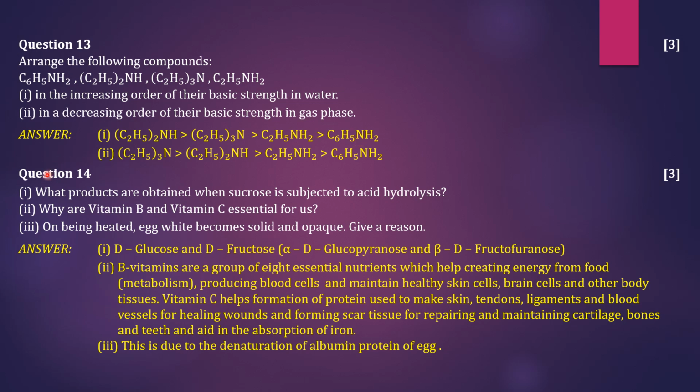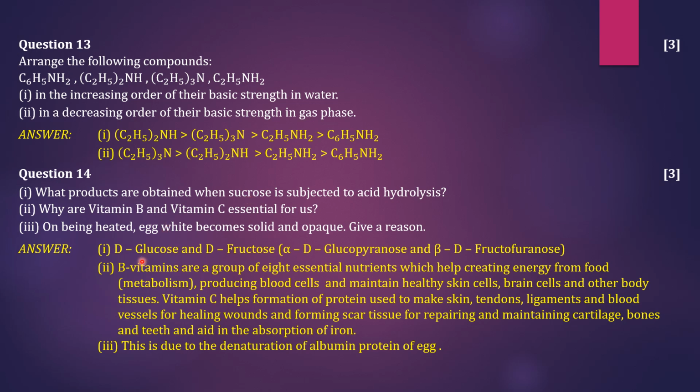Now come to question number 14. What products are obtained when sucrose is subjected to acid hydrolysis? You have a total of 3 disaccharides in your syllabus, that is sucrose, lactose and maltose. So in your main paper 2024 ISC, instead of sucrose they may give lactose or maltose.